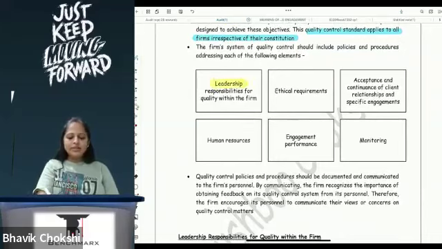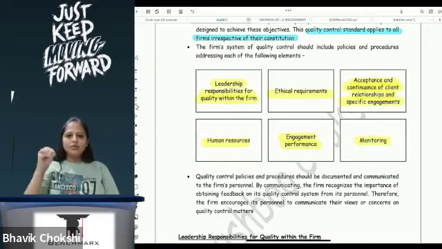It is saying: leadership responsibilities for quality within the firm, we get to each one of them; ethical requirements; acceptance and continuance of client relationship and specific engagement; my human resources; my engagement performance; and the last part is my monitoring. So if I take care of each of the 6 elements which are given to me, then it will be said that I have complied with my SQC1.